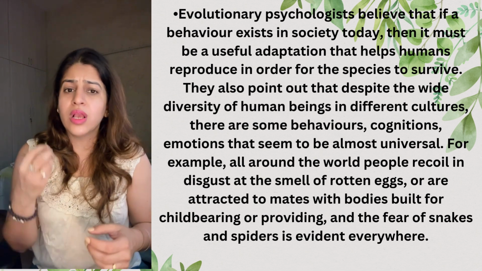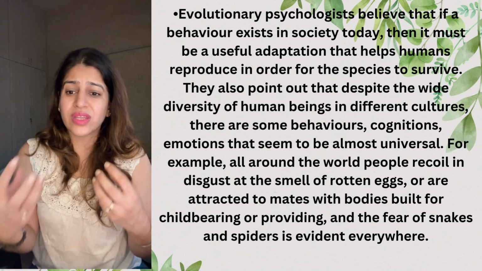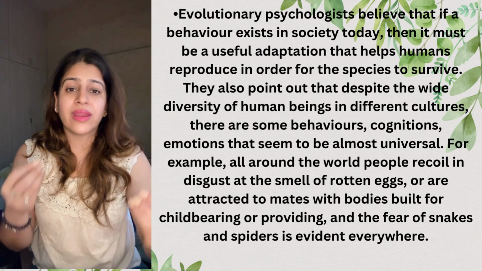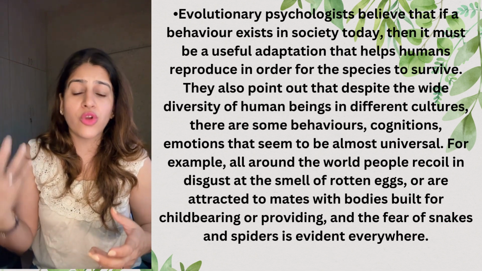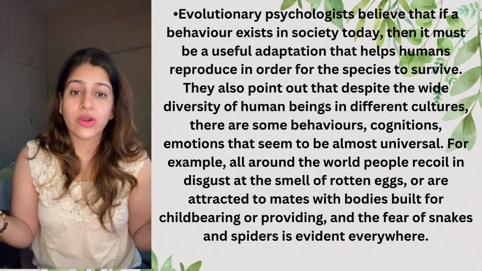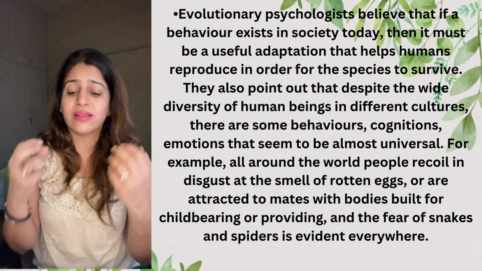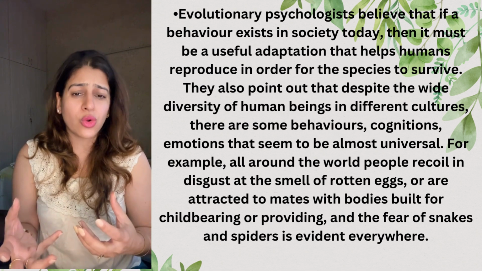For example, looking at a rotten egg, we all feel disgusted. Or if there is a fungus or bacteria on something, be it a Chinese or an American, Indian, or Afghani, or European, or anybody at all, everybody is likely to feel disgusted at the look of the bacteria, fungus, rotten egg, and so on.